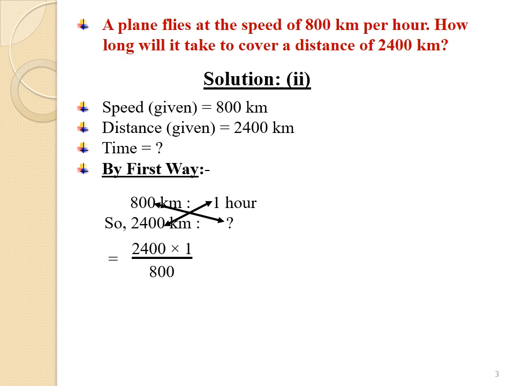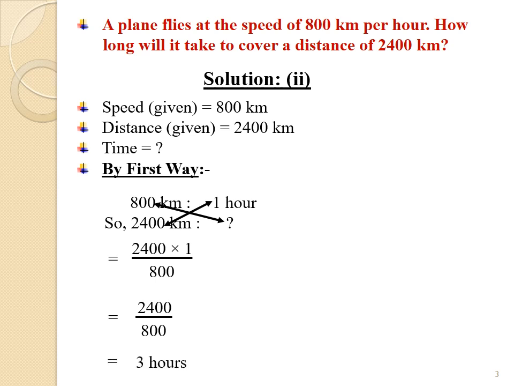Thus, multiplying 2400 by 1 and keeping the denominator 800 as it is, we get 2400 by 800. Now, dividing 2400 by 800, we get 3 hours.